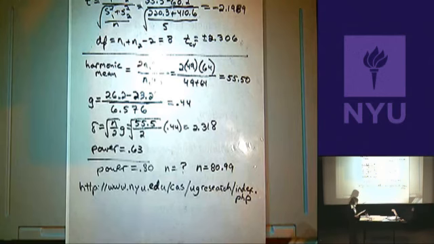All right, the relationships between t, variance, power, effect size, and sample size, and what goes into them.